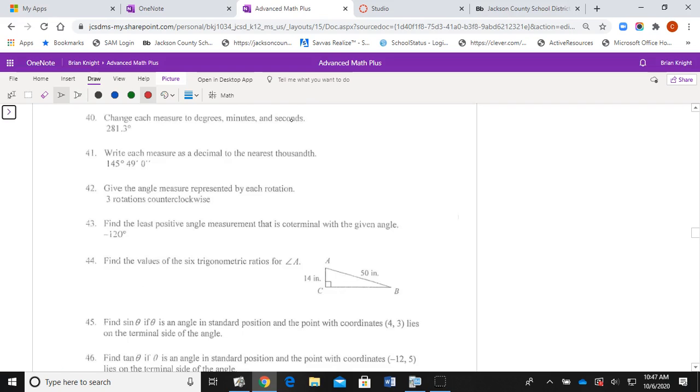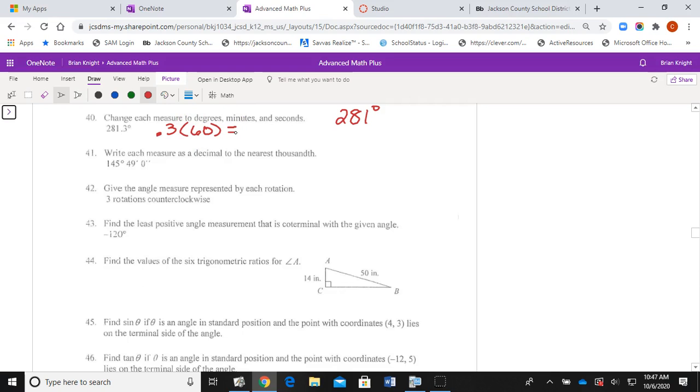If you would like, you can just type in that 281.3 and then go to the angle section and go to DMS. It'll change it to degrees, minutes, seconds. But that's not any fun, so here's how you actually do it. You've got 281 degrees. You take your 0.3 and multiply it by what? 60.